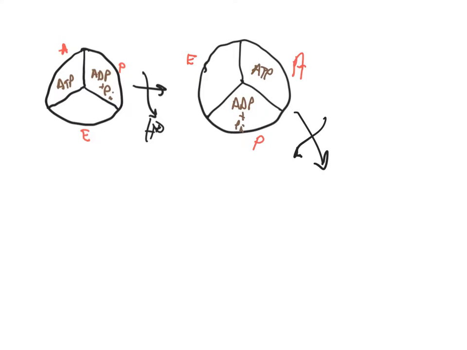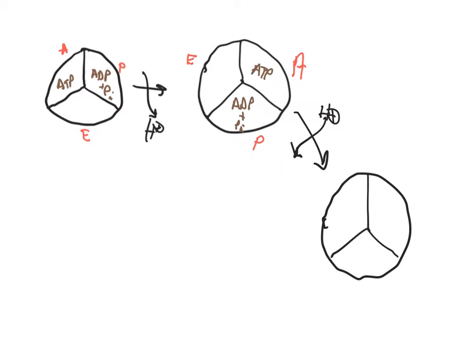We have more protons that flow through the turnstile. The one that had been empty is where the ADP and the inorganic phosphate go into, and so it's the P site. Oh, whoops, I didn't change my color, sorry.